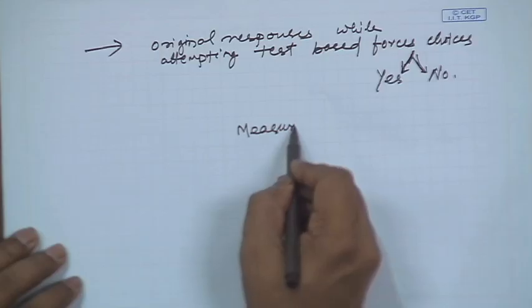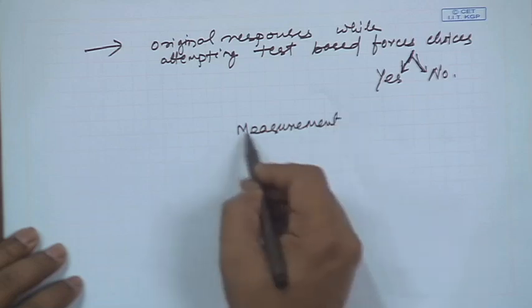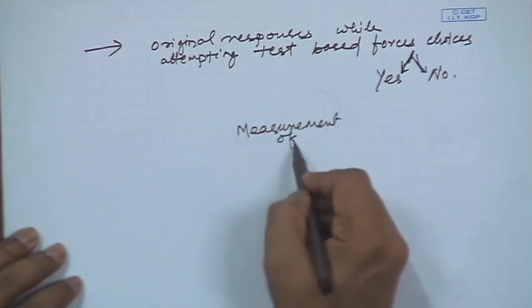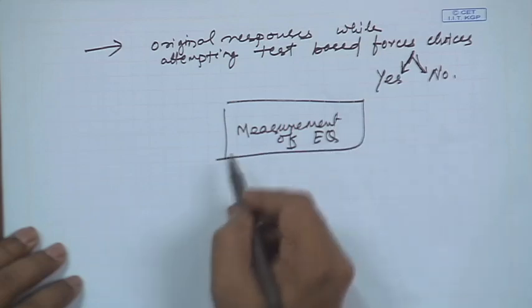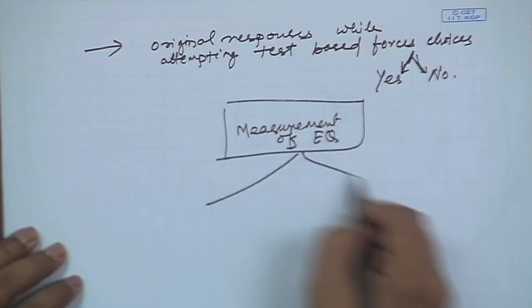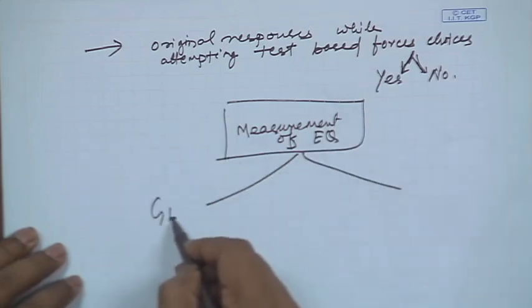Well, while coming across various measures of global tests, the whole measurement of EQ can be global and local.